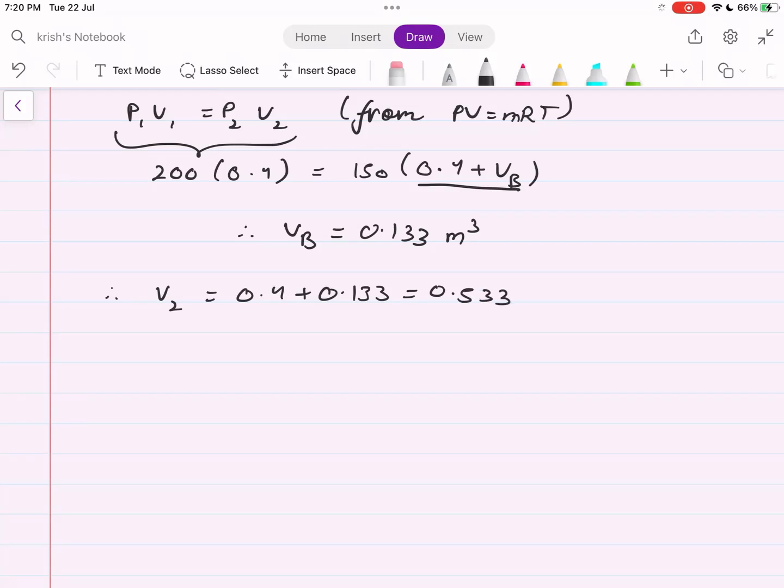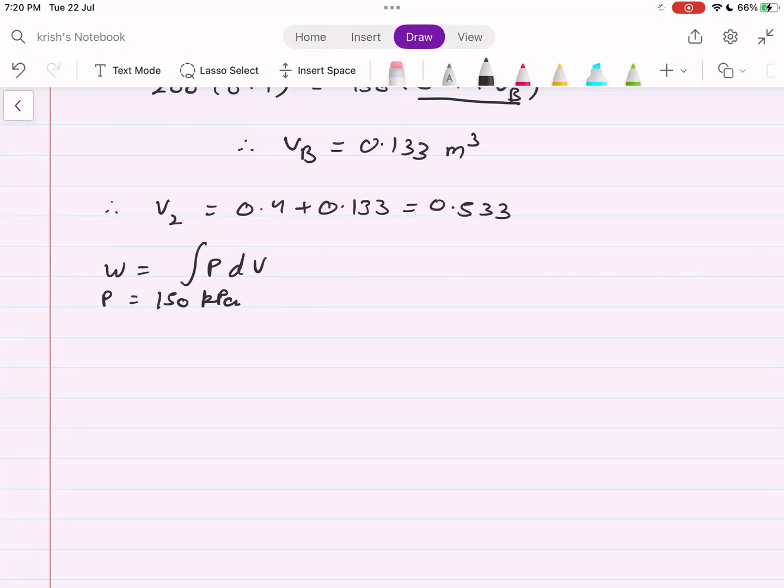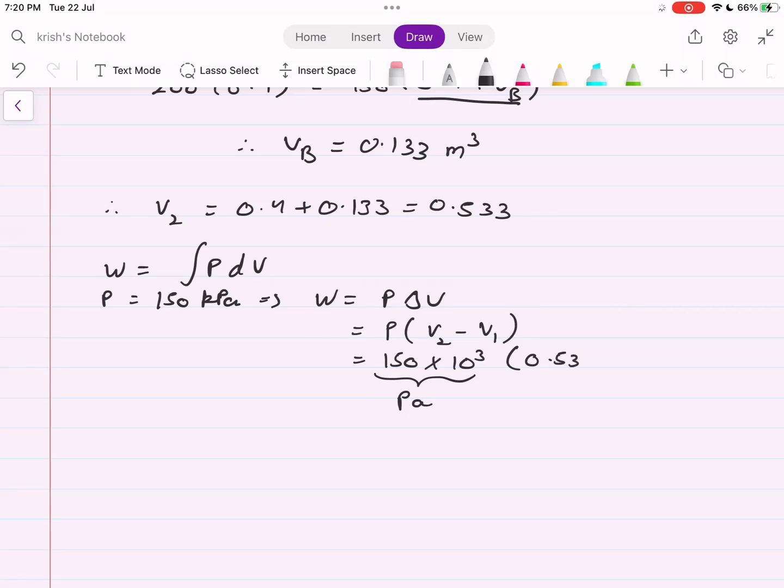So, W is integral of PdV, as the pressure of 150 kilopascals is constant throughout, because remember the gas is working against the constant pressure of the piston, right? So work is P delta V equals P times V2 minus V1 equals 150 into 10 to the power 3, because I'm converting into pascals, into V2 0.533.